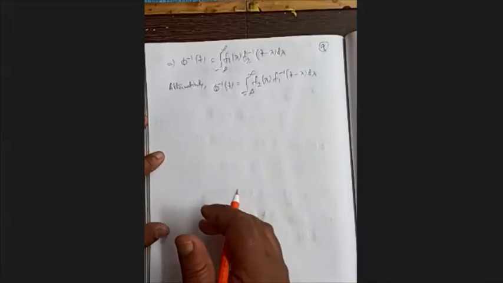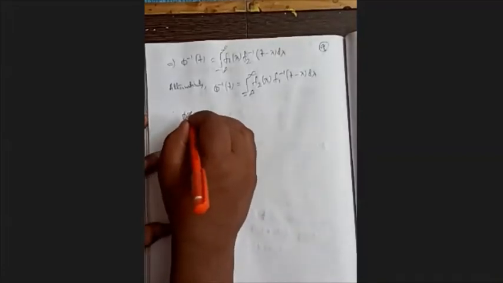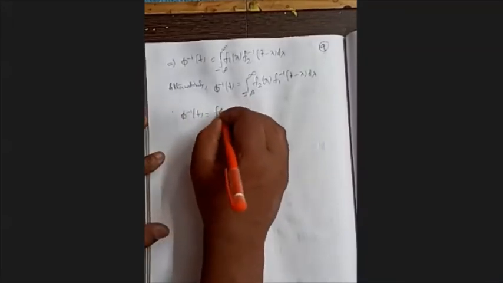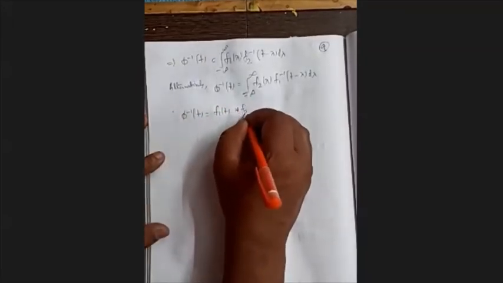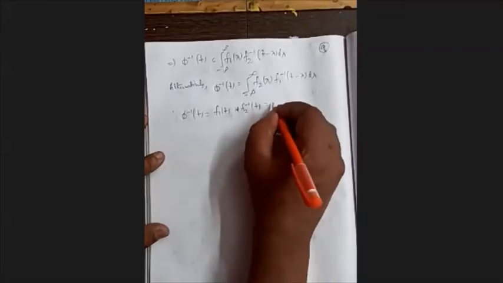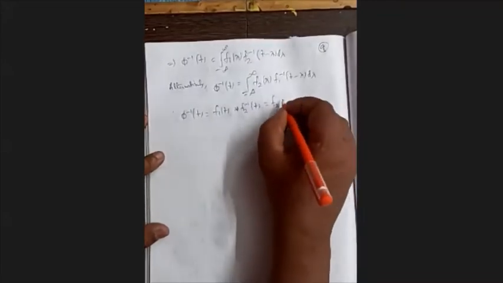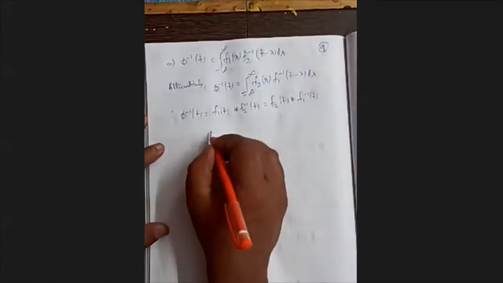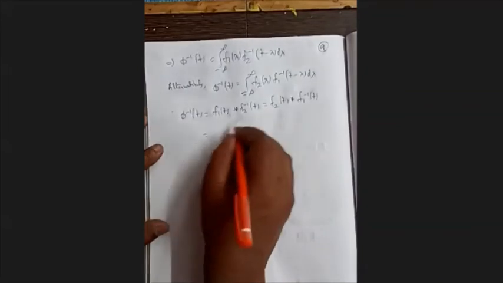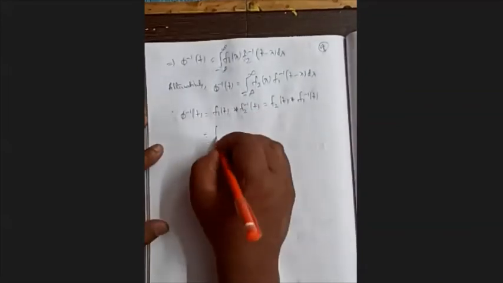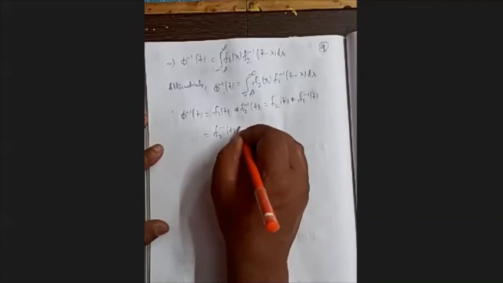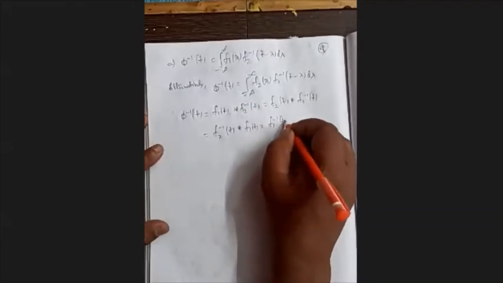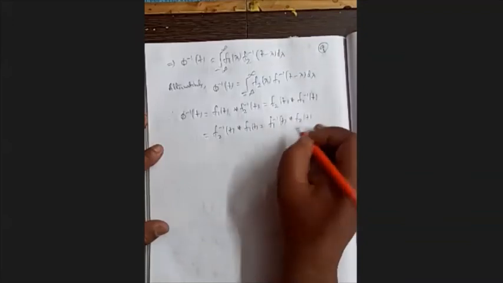Therefore, we can write phi minus 1 of t equal to F1 of t convolved with F2 minus 1 of t, or F2 of t convolved with F1 minus 1 of t. These are the integration property, and then we can apply the commutative property. You can interchange them: F2 minus 1 of t convolved with F1 of t, then F1 minus 1 of t convolved with F2 of t.